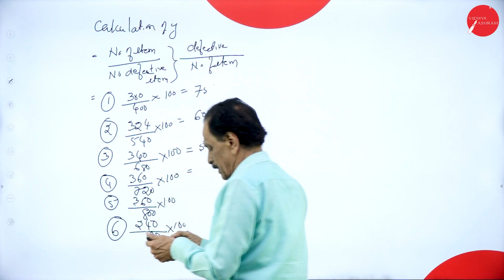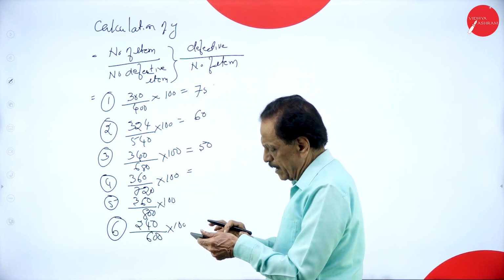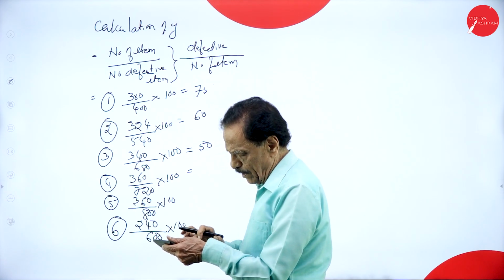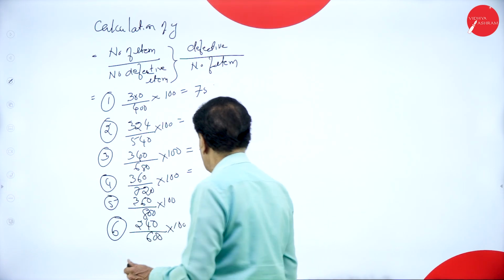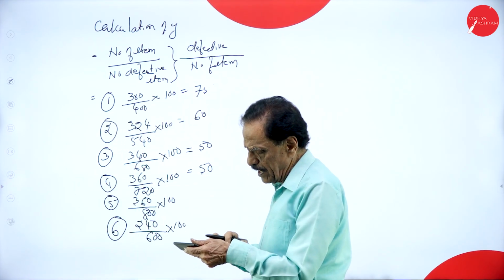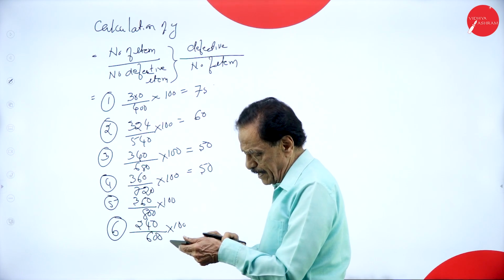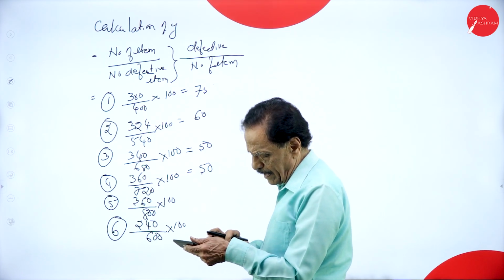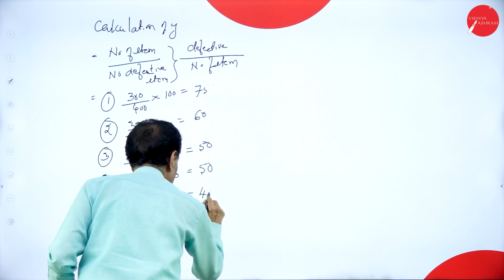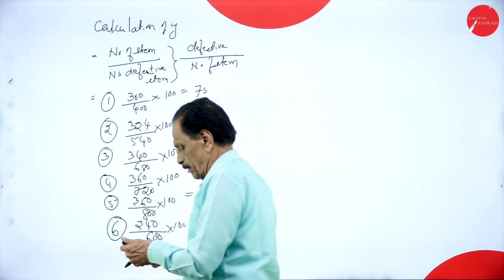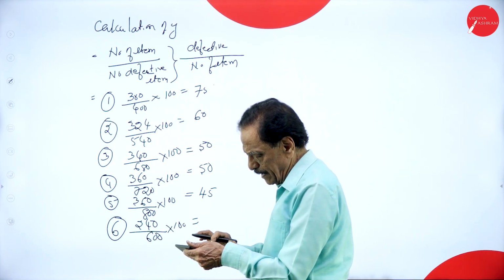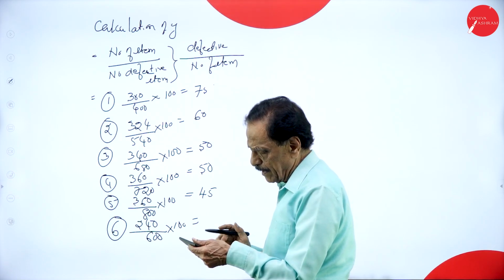Next one, 360 divided by 720 into 100 is 50. Then 360 divided by 800 into 100 is 45. Last one, 240 divided by 600 into 100 is 40.